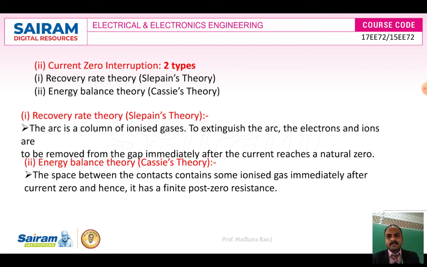Current zero interruption is again classified into two types: one is recovery rate theory, another is energy balance theory. In recovery rate theory, the arc is a column of ionized gases, which are continuously produced. To extinguish the arc, the electrons and ions have to be removed from the arc.